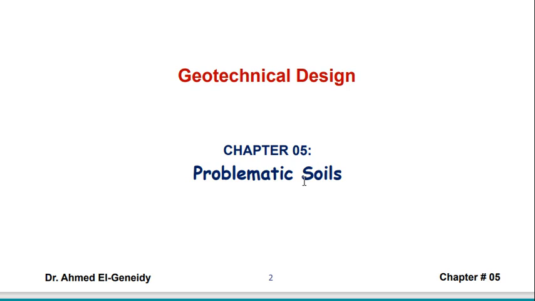So soil in general has lots of problems, but we know how to deal with it. It is easy to deal with it, or we have already learned how to deal with it. But recently we started to face new types of soil that are really problematic.